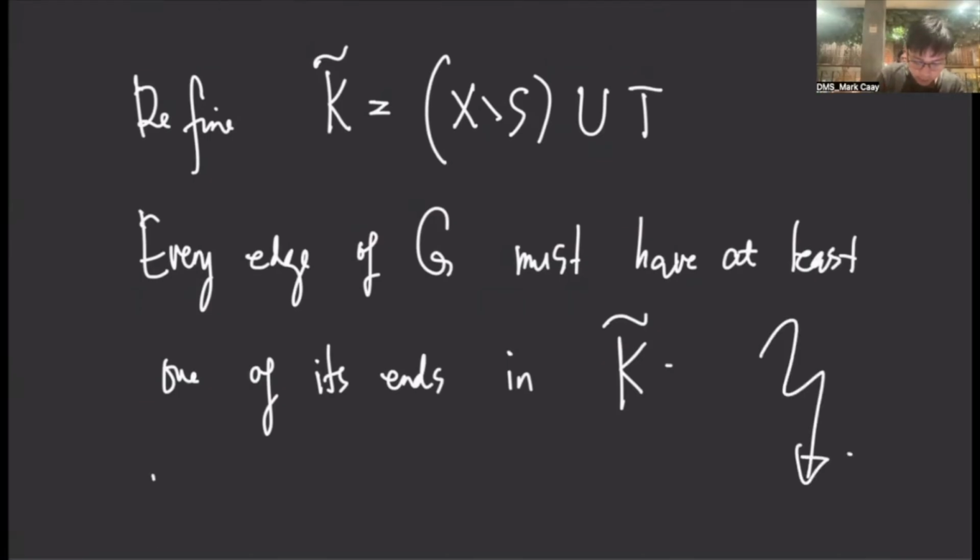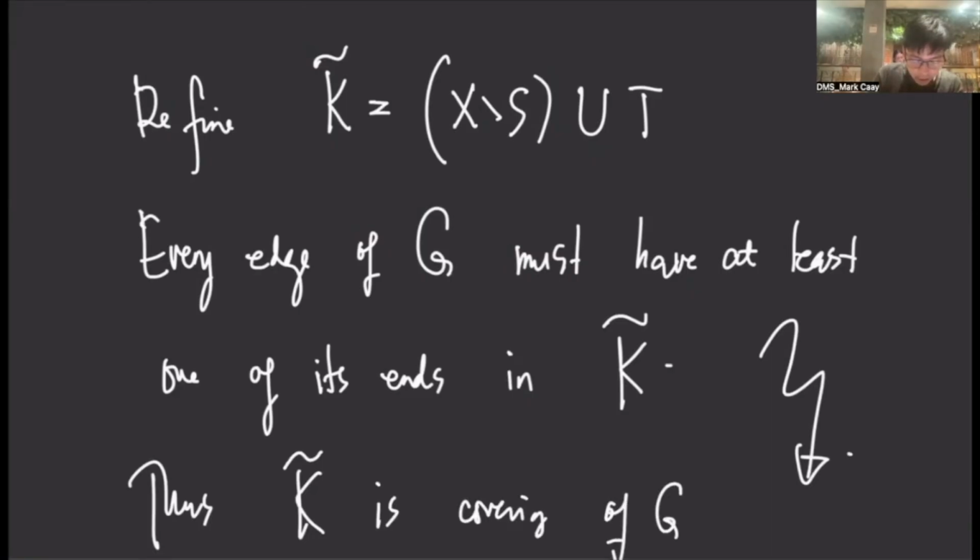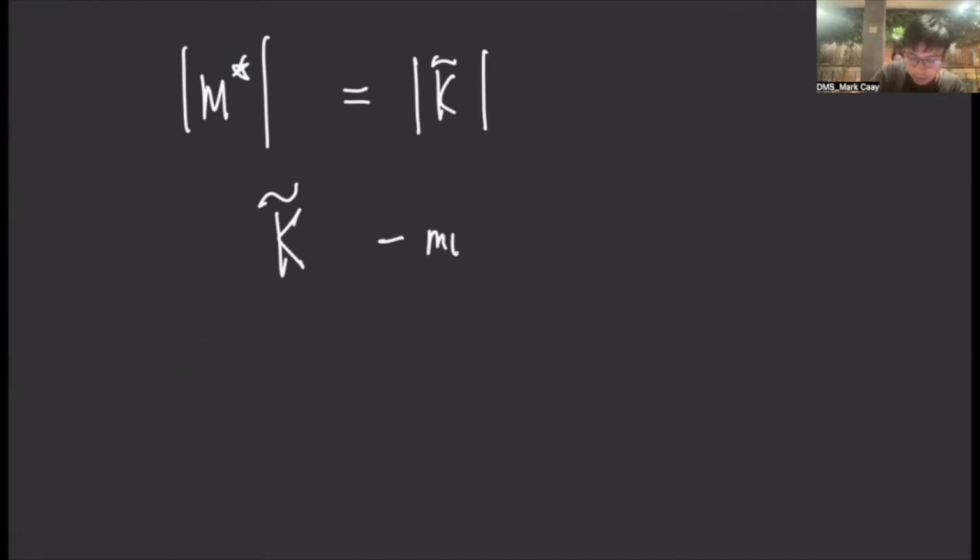Thus, in this case, the K tilde is a covering of G. And this is very clear that the cardinality of the M star is actually the cardinality of K tilde. And by the previous lemma, when they are equal, it follows that the K tilde is the minimum covering. That's it. If you have any question or clarification, please let me know.